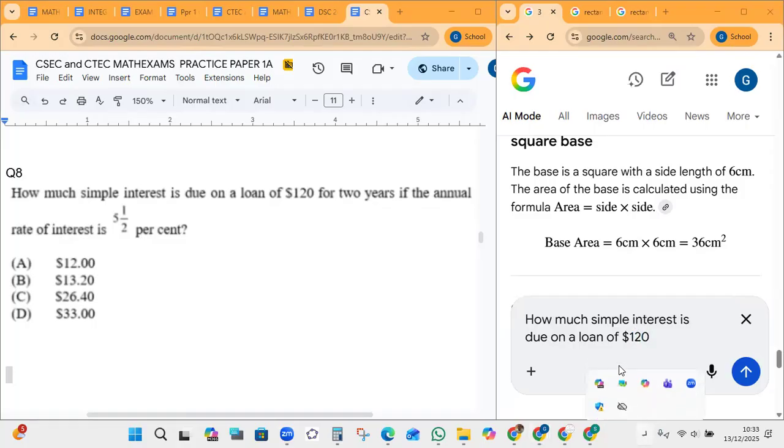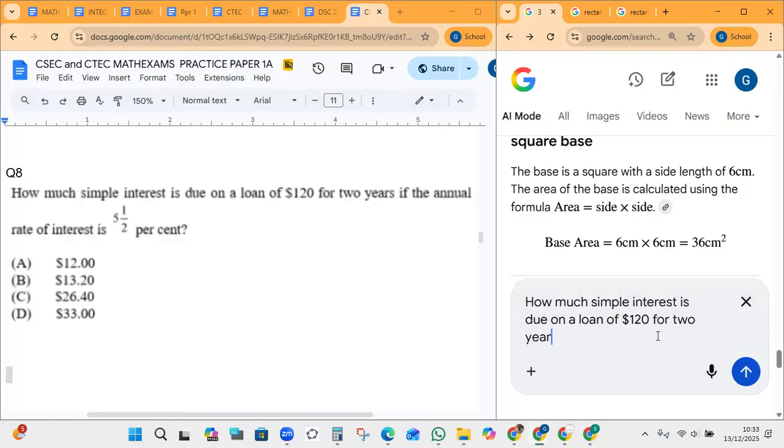So AI is supposed to recognize that symbol, the dollar sign, for 2 years, if the annual rate of interest is 5.5%.